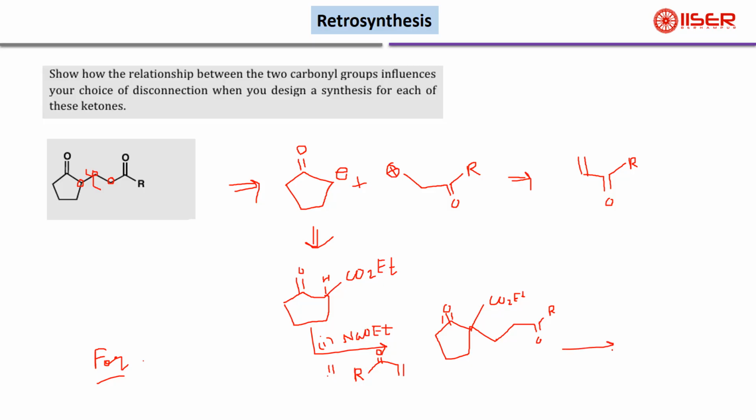Now if you add acid and some heat, this ester group will be hydrolyzed to a carboxylic acid, CO2H, and after that, while heating, it will be removed as carbon dioxide, and we will get our desired compound.